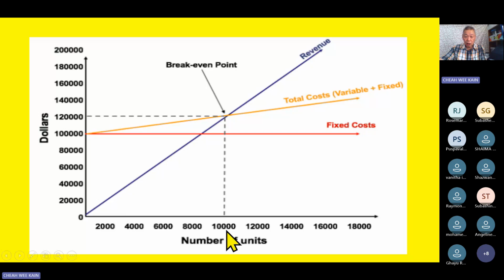You have to ask the salespeople, you sell about this figure, but it's going to be an average. Sometimes you sell one product more, one product less, and that will have an impact on this revenue line.